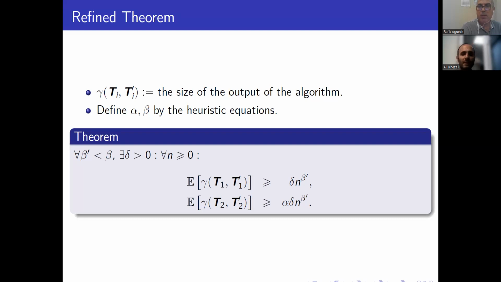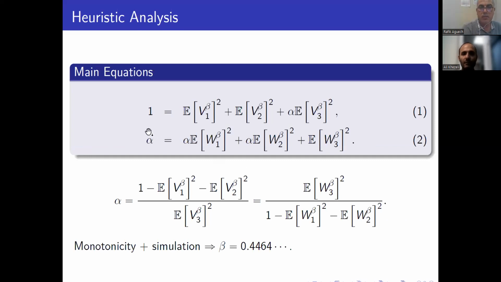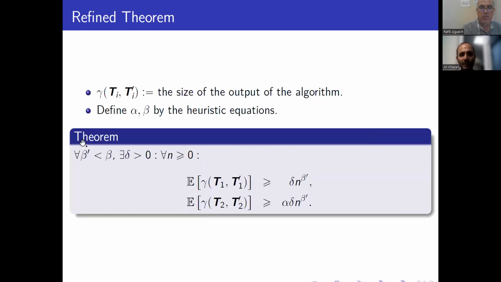So let me state it more precisely. Now, forget about the heuristics. Consider these two equations. These two equations determine uniquely a value of alpha and beta. So if we forget everything that I said about the heuristics, I just defined two equations here and define alpha and beta by these two equations. And for this value of alpha and beta, I proved the theorem.